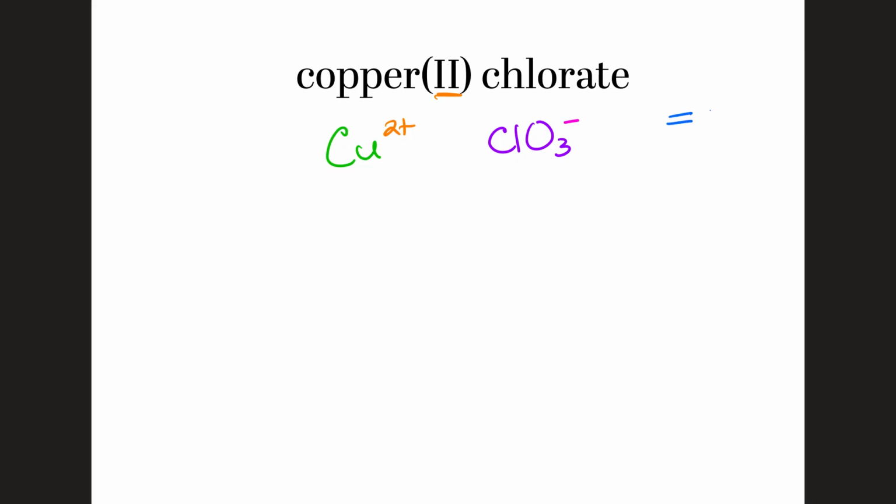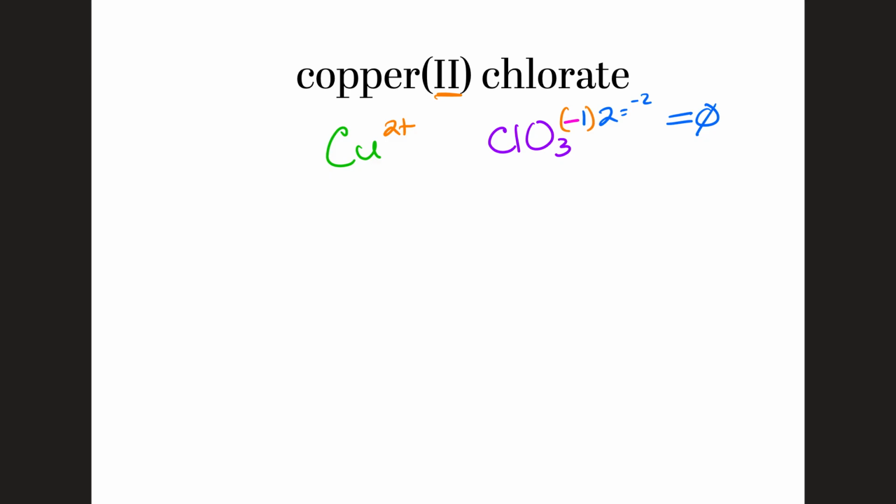So remember, charges have to equal 0. And we can remember that copper, even though it's not written, has a 1 multiplier. So we have to make this -1 equal a +2. If we multiply this one by 2, not both of them, that will then give us a -2.